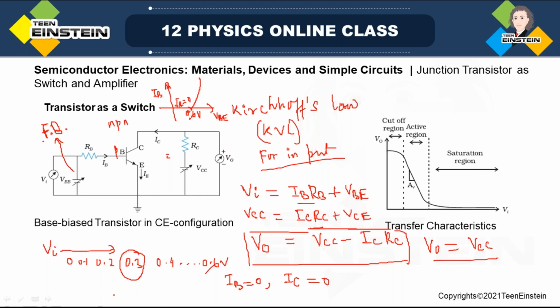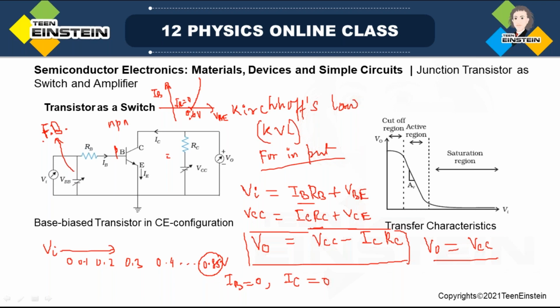Now let me increase the value of VBE a little further. Maybe it just crossed 0.6. Let me take that value as 0.85 or something like that. So this is just above 0.6.